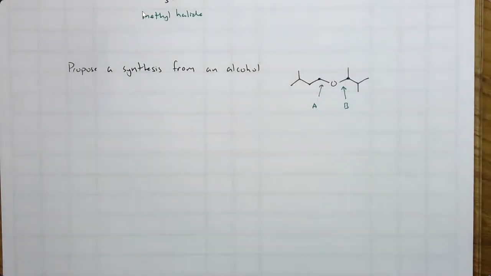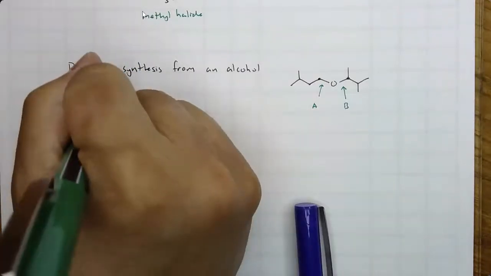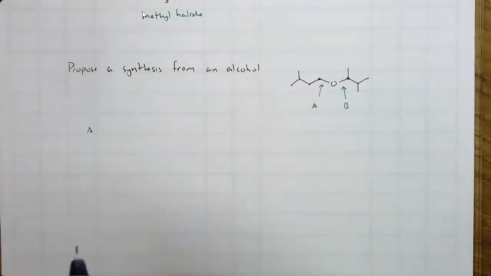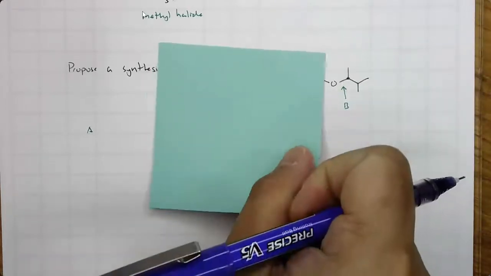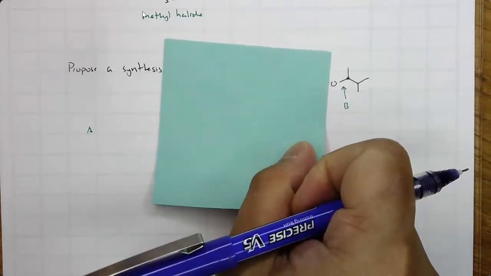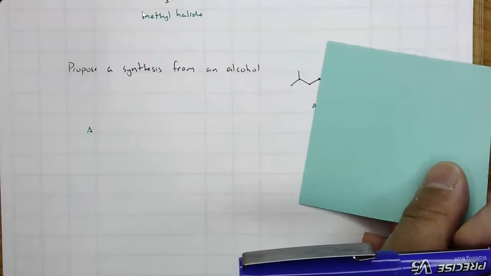Okay. So the analysis is, if I try to make bond A, go ahead and take a note card or a post-it note and cover it up. If I want to make bond A, I got to use that alkoxide to bond to that dot right there.